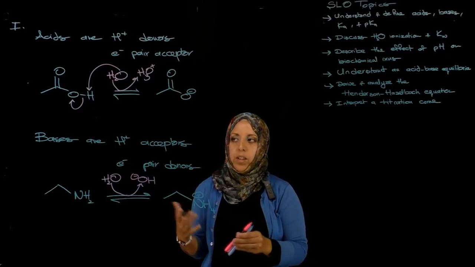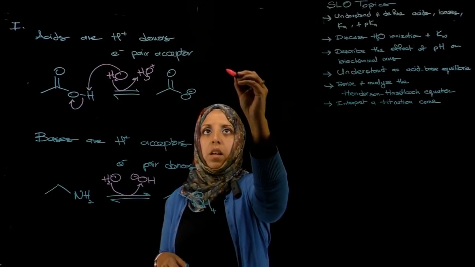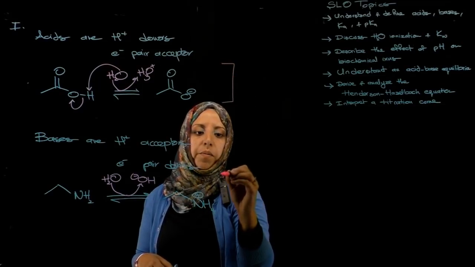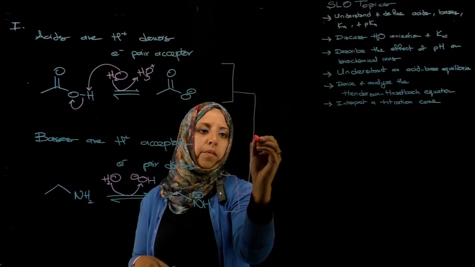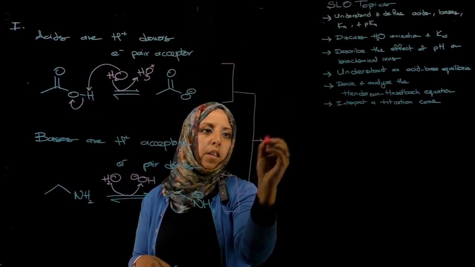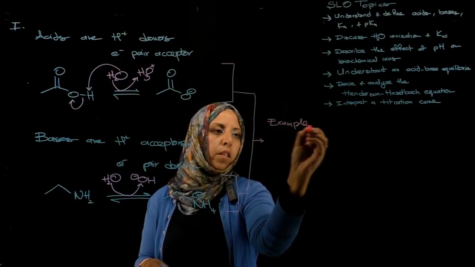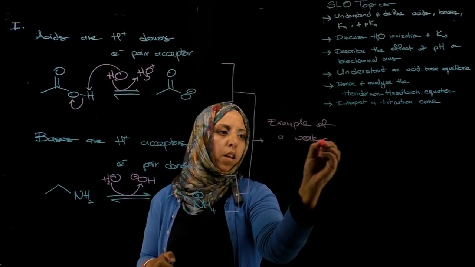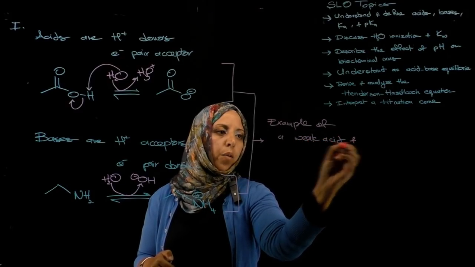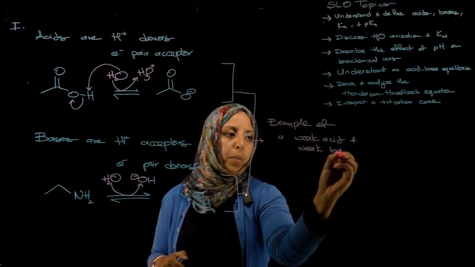All right, so what can we say about those two acids and bases? Both of these are really an example of a weak acid and a weak base, all right?